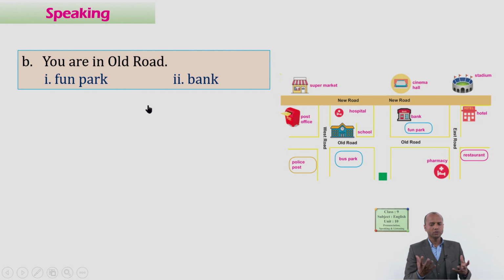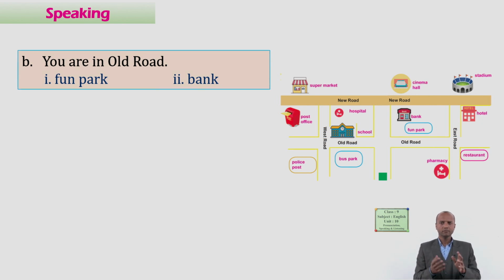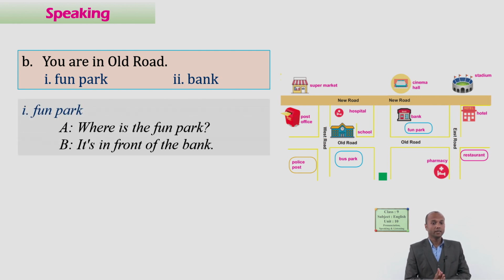So which prepositions do you think you use? Below and above. Fine. So where is the fun park, you might say, and it is in front of the bank. I said earlier that you can sometimes use other prepositions as well, but you have to use those prepositions. Where is the fun park? And your friend might answer, it is in front of the bank.